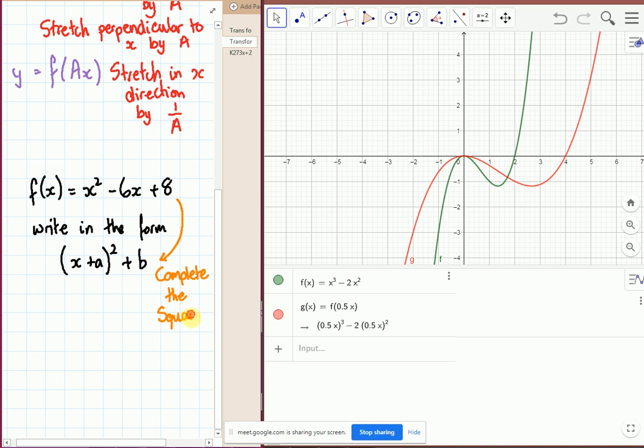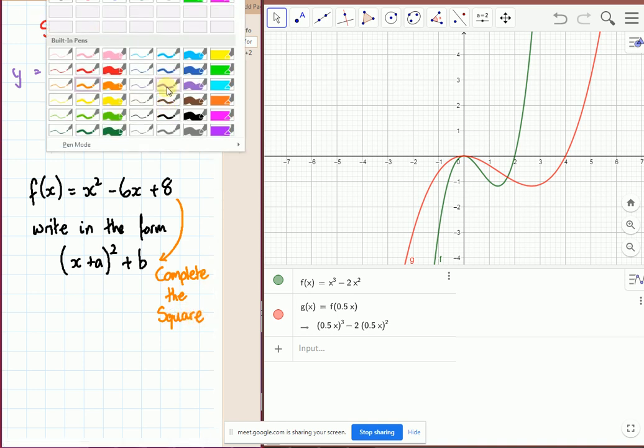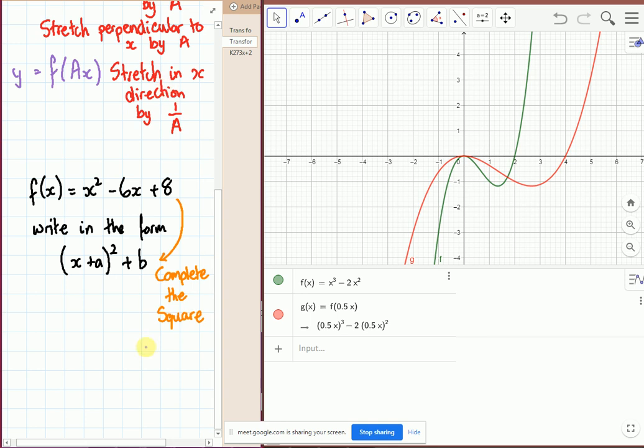What's the process for completing the square? Can you remember the process of completing the square? x squared minus 6x plus 8. Something in there turns into a squared.